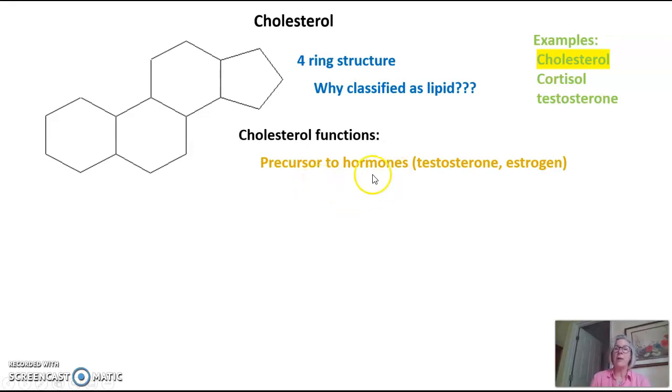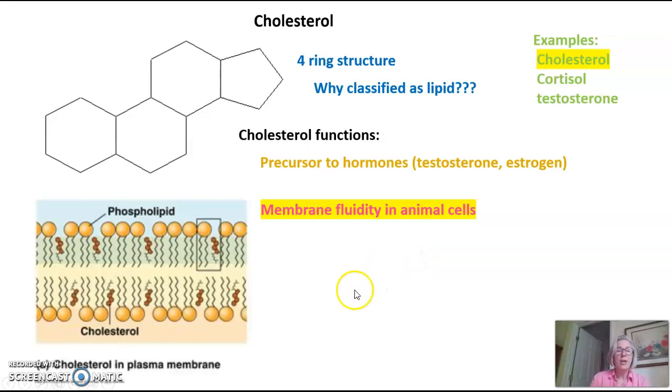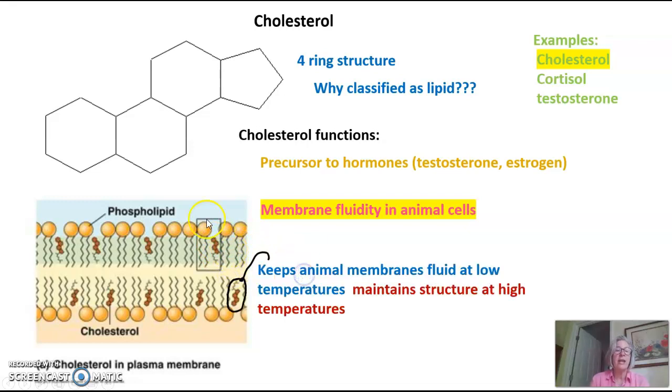Cholesterol's function is it can be a precursor to some of these hormones, but it mainly functions in membrane fluidity in animal cells. This is the main function I am going to be talking about in tonight's video. So what we see is that cholesterol can kind of intercalate in between the fatty acid tails in a phospholipid bilayer, and its function is it helps keep animal membranes fluid at low temperatures and maintains their structure at high temperatures.